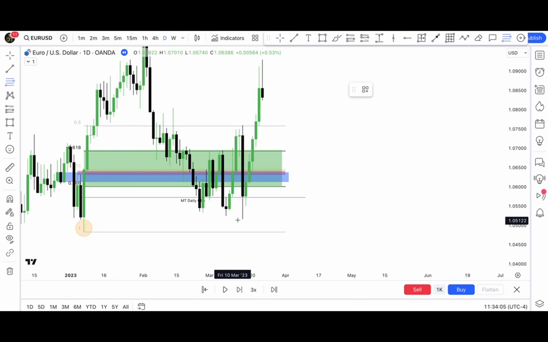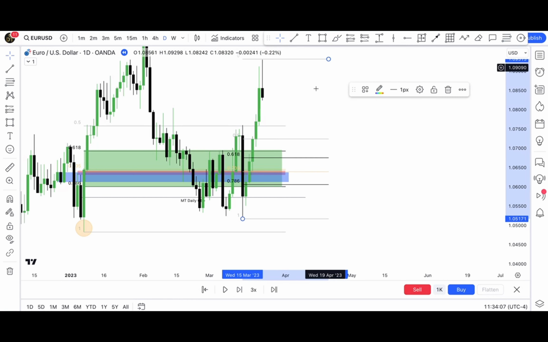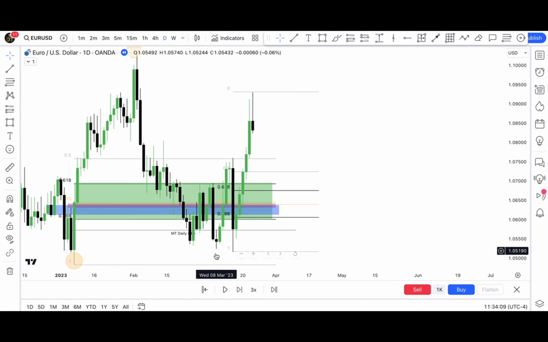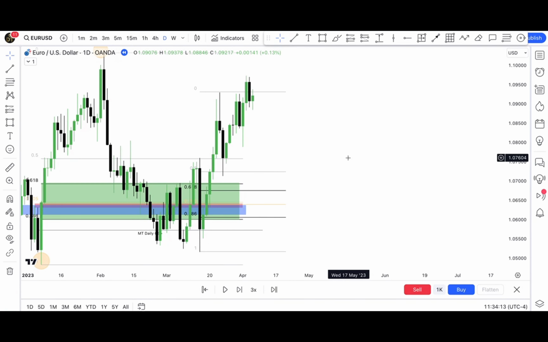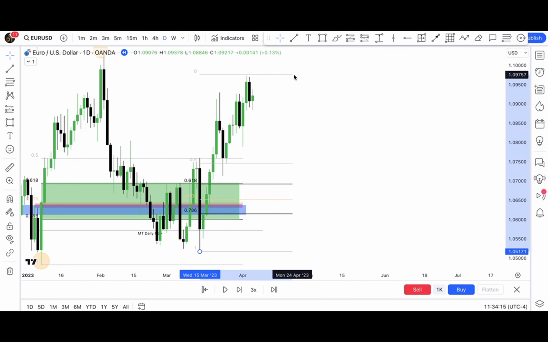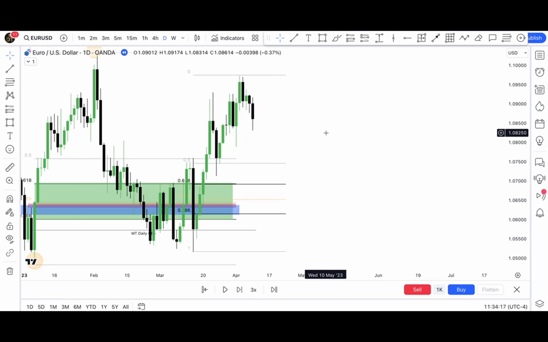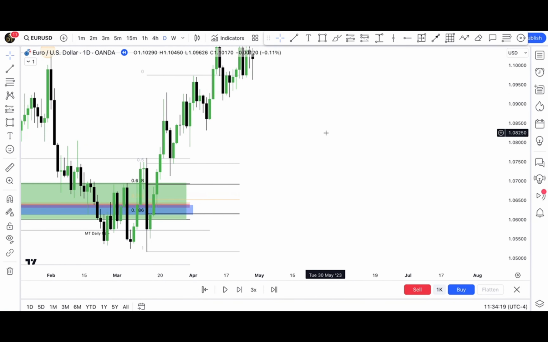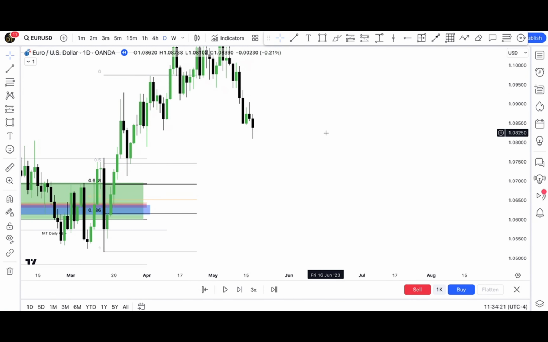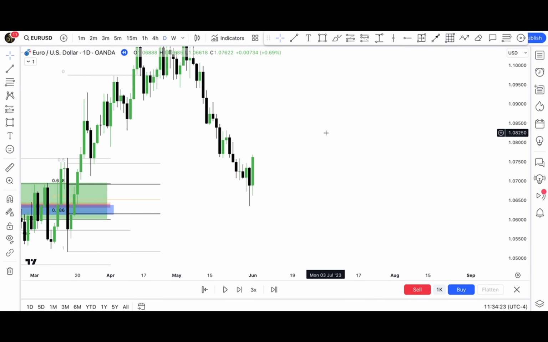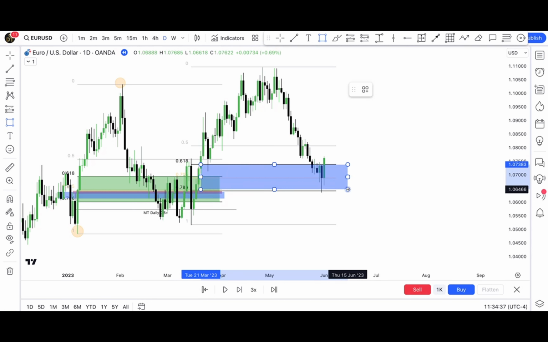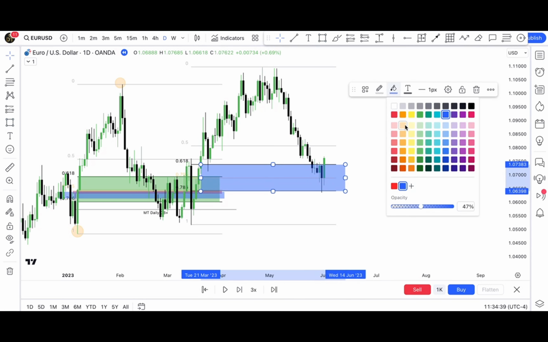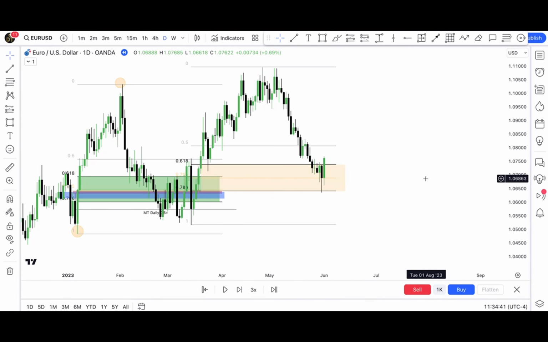And we can do a fib right here as well. New swing low created below here. It's the OTE area.